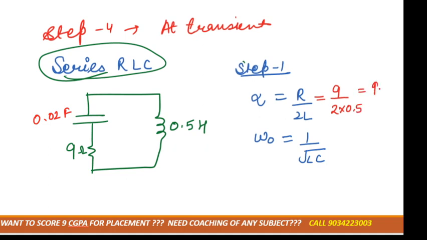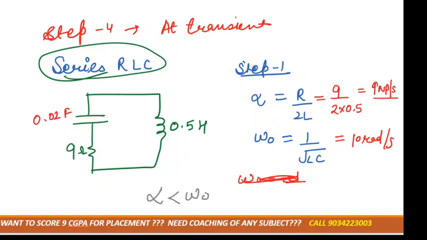If we solve it, then we'll get 9 Nepers per second. For omega naught, we'll put down the values and then we'll get 10 radian per second. Now tell me which case it is. Alpha is less than omega naught, and if alpha is less than omega naught, then that would be the case of underdamped. Got it?